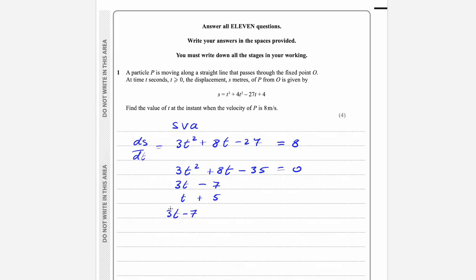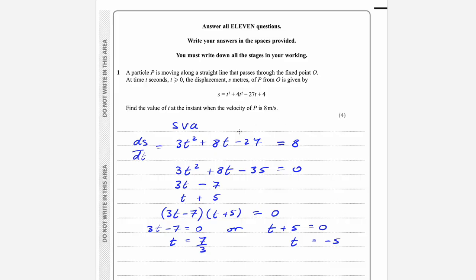3t minus 7 times t plus 5 equals 0. So 3t minus 7 equals 0, or t plus 5 equals 0. t equals 7 over 3, or t equals negative 5.